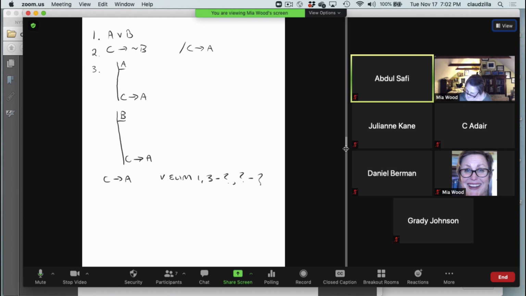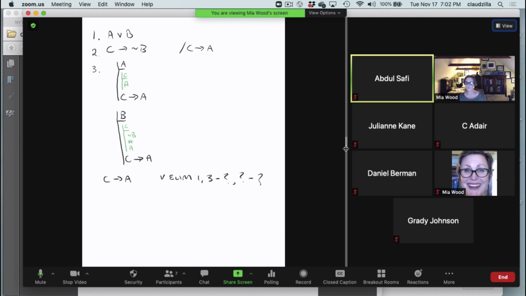We say, I'm going to assume that I have C and I want A, so that I can infer, therefore, C then A. And I'm going to have to do the same thing in the second subproof. I'm going to assume C and I want A. And as you can probably imagine, hello, contradiction again.